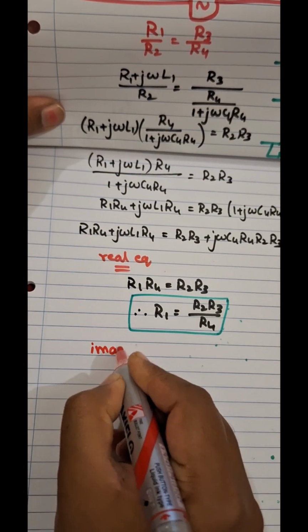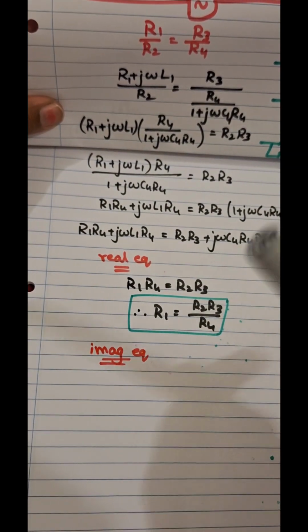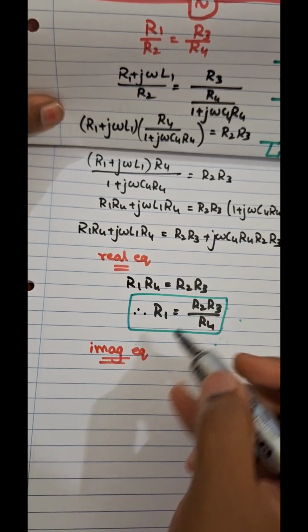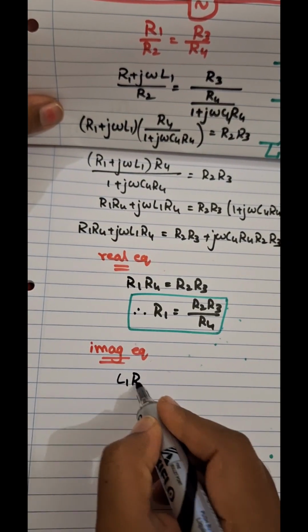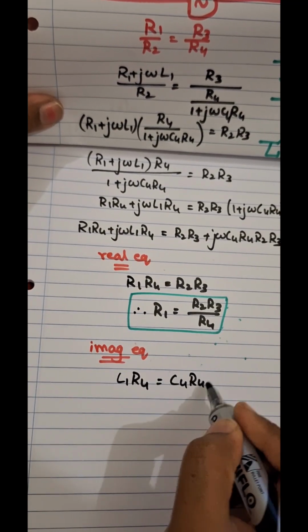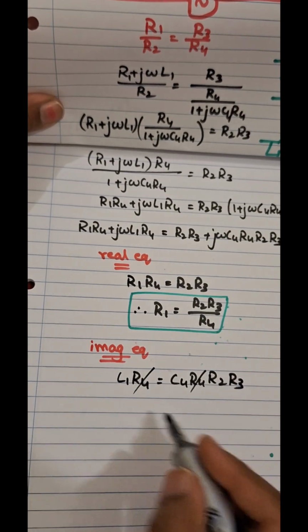Then in the same way, the imaginary parts we should equate. So imaginary means this is equal to this. So j omega, let us eliminate it right there, not to waste time. L1 R4 is equal to C4 R4 R2 R3. R4 R4 cancel.